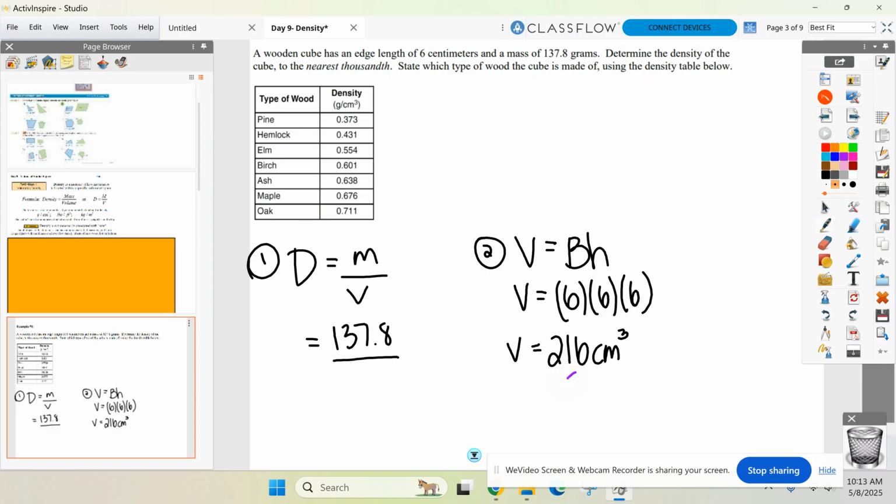Substitute that in for your volume. Calculate the density to the nearest thousandth. That's 3 numbers after the decimal. And I will ask somebody that here.